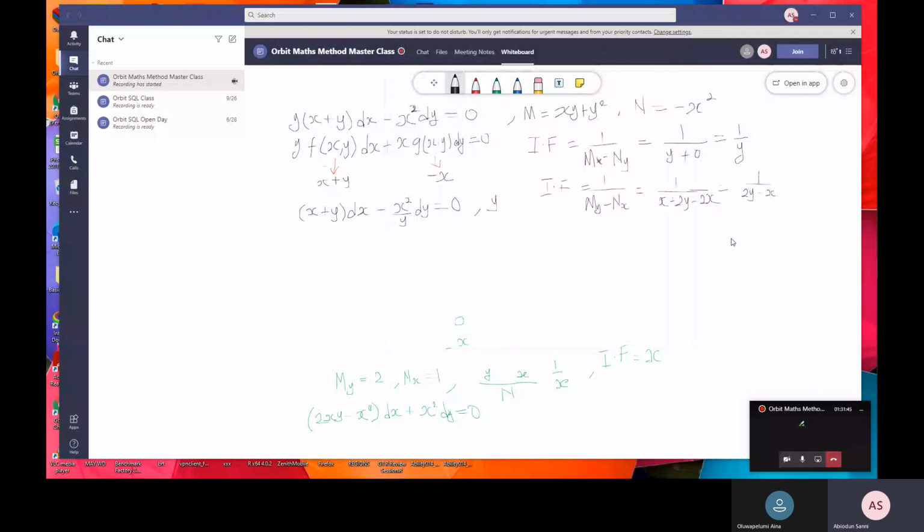I hope this is not going to complicate the issue. So let us not use this. So let us use that of the homogeneous equation. Since it's a homogeneous equation, let's check whether xm plus yn is not equal to 0.